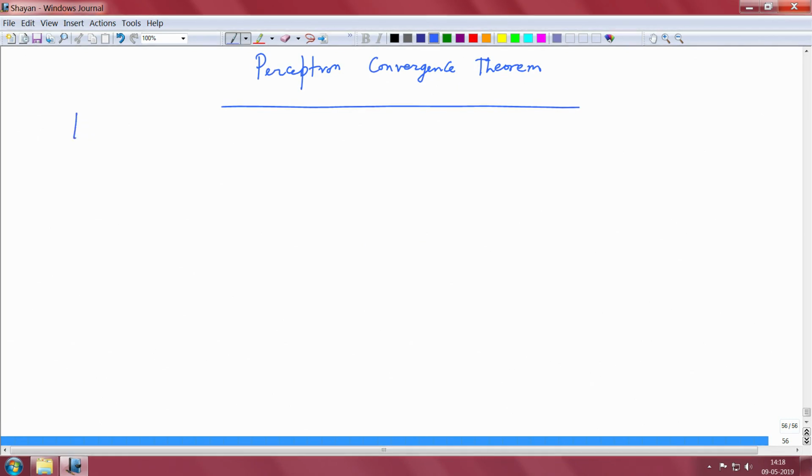Now, let us fix the initial condition. Let us start with the initial condition that the weight at time step 0 is 0. I mean, this is an all 0 vector. Now, here is what we have.